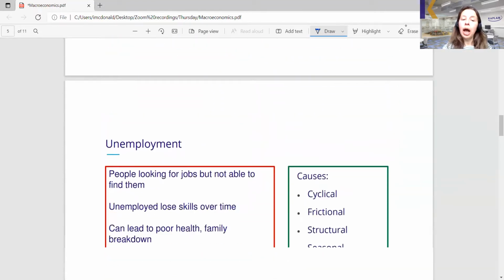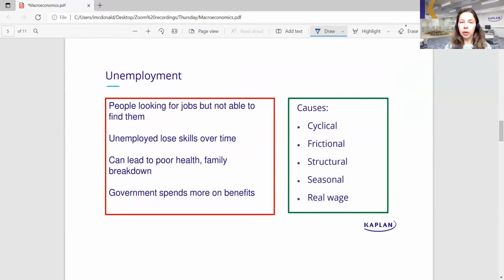Let's move on and have a look at unemployment. So the definition of unemployment is that people are looking for jobs but are not able to find them. So if you're actively seeking a job, but there is nothing on offer, then you'd be considered unemployed. And as we said, we want to keep unemployment fairly low because the unemployed do lose skills over time.